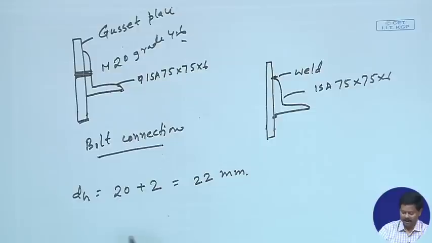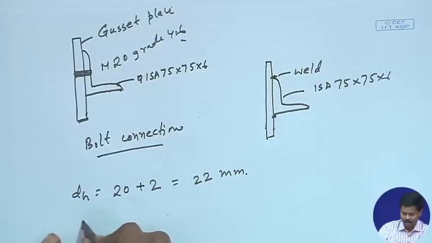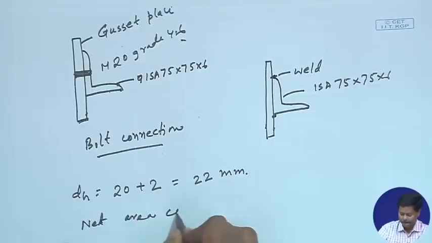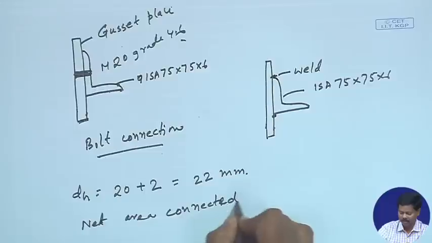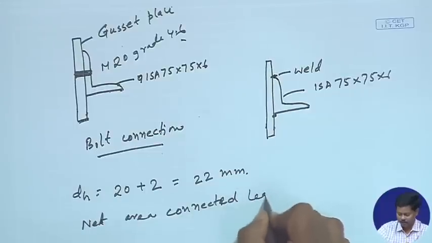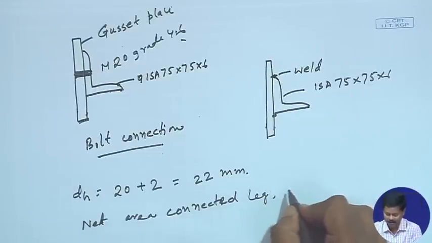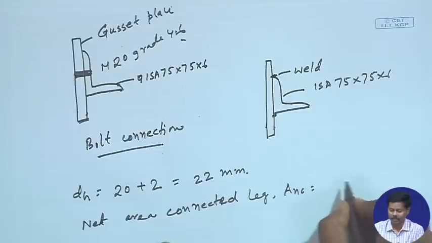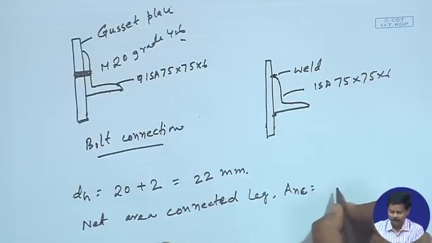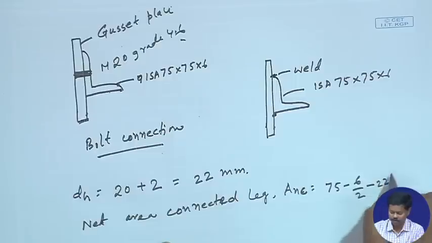We find the net area of the connected leg and of the unconnected leg, and then add them. So, the net area of the connected leg ANC will be 75 minus 6 by 2 minus 22.